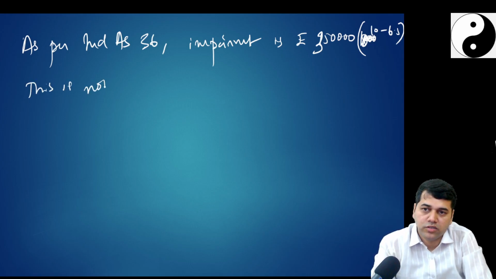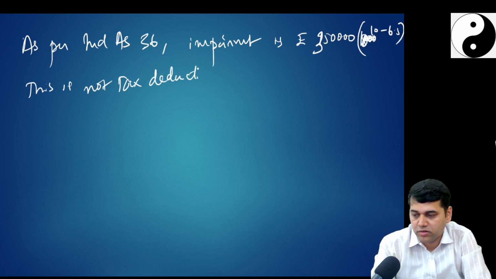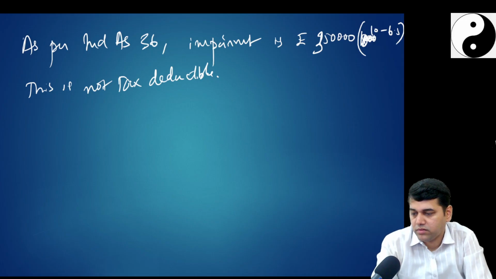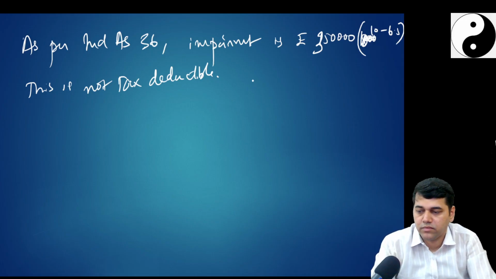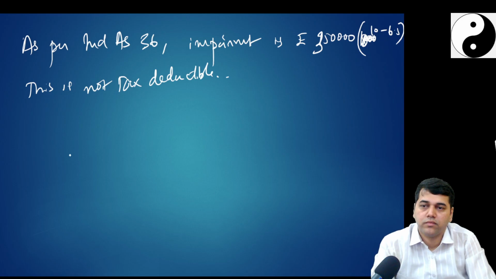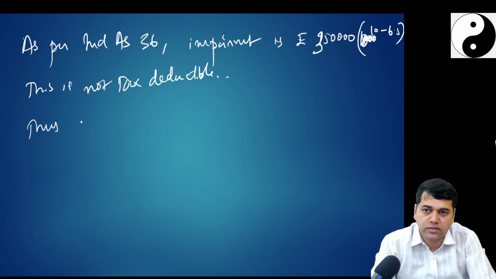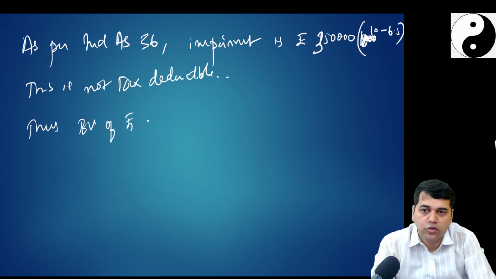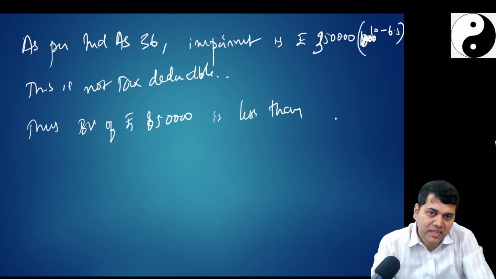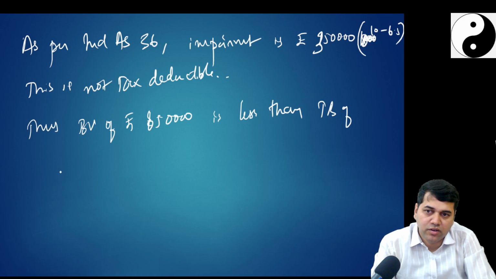This is not tax deductible. Thus, book value of rupees 6,50,000 is less than tax base of rupees 8 lakhs.